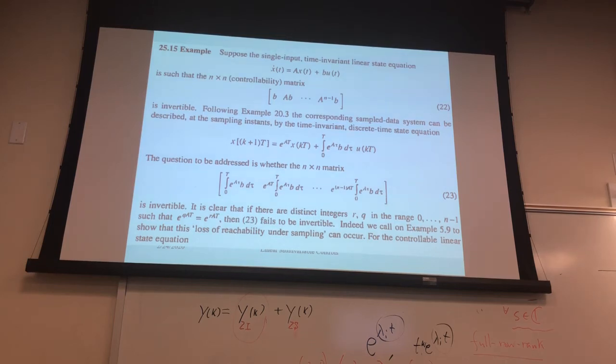So if the original system is full rank, after discretization the reachability could be lost. This is serious.